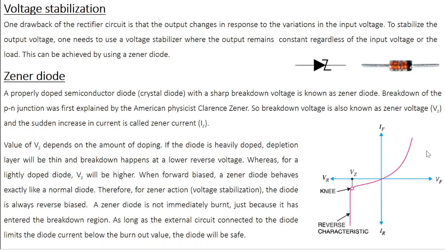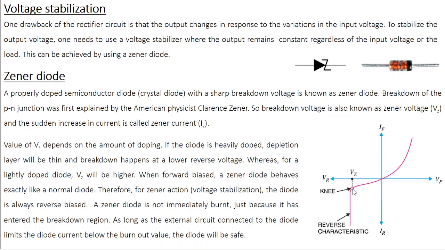This is the forward bias, and in the reverse bias, initially there is not much current. In the case of an ideal diode, there is no current, but in any practical diode, there is a weak amount of current due to the minority carriers.